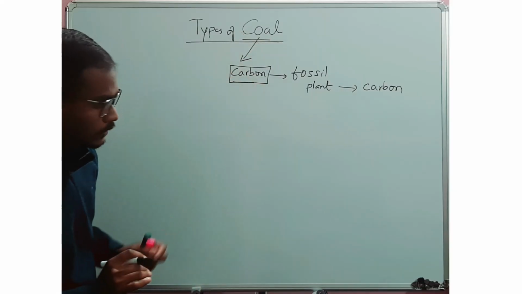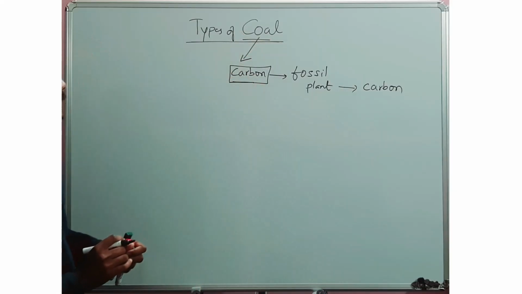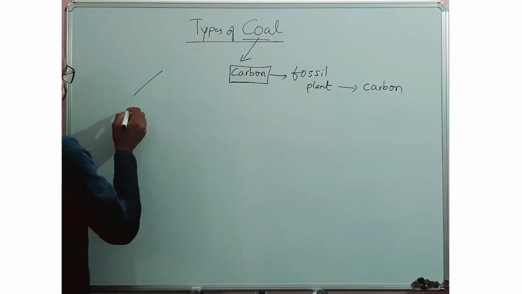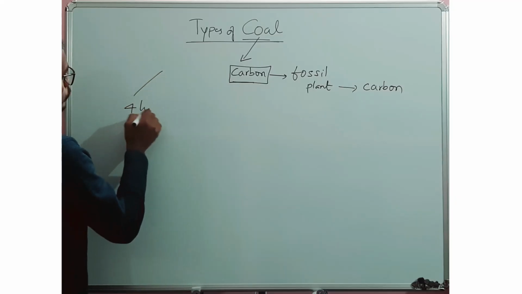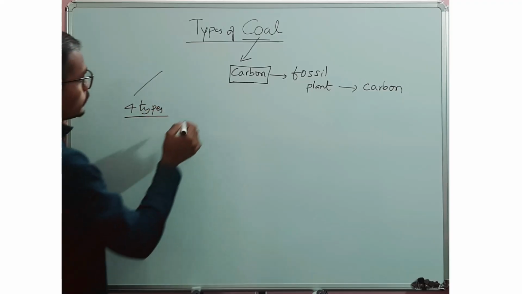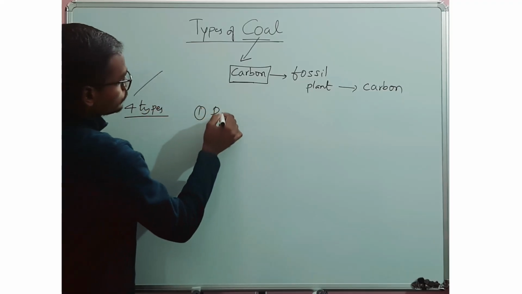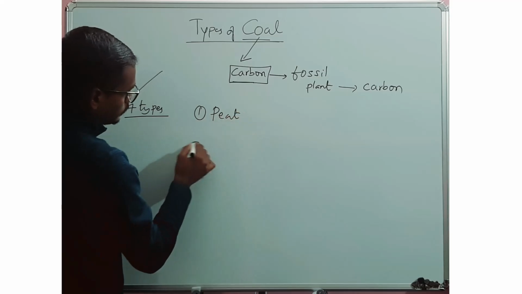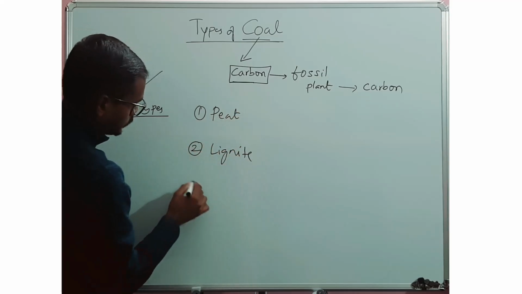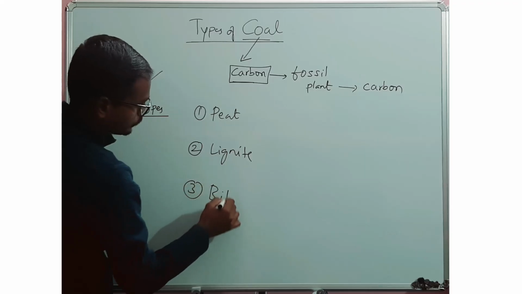Then let's understand the types of coal. There are four types of coal that we are getting. The first one is peat. The second one is lignite. The third is bituminous.